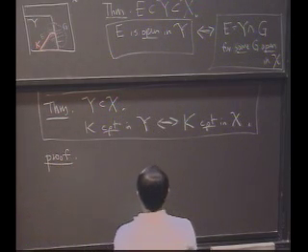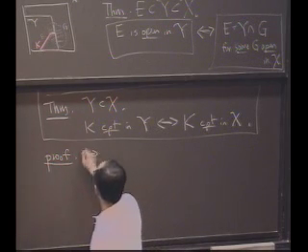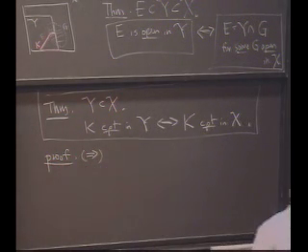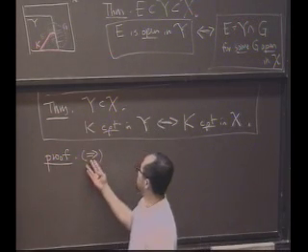Which direction would you like to go first? Well, I don't know. How about the forward direction? So we're going to assume, what is the forward direction? What's the hypothesis?